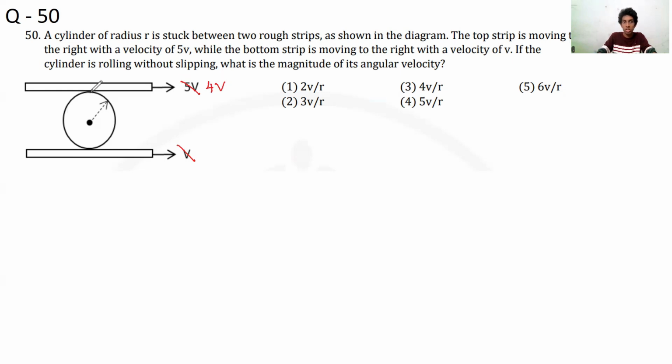So therefore, the tangential velocity of this point, that means the highest point of the cylinder, will also be 4v. So therefore, the velocity of the center of mass of the cylinder will be 2v.